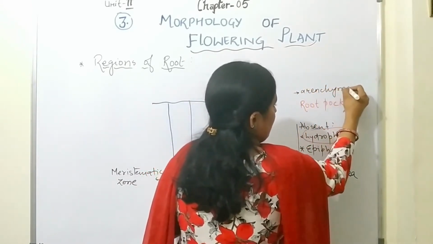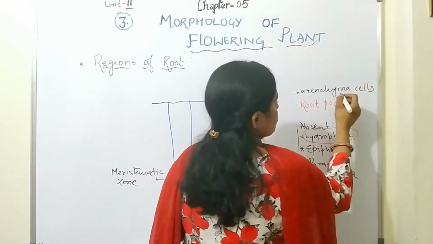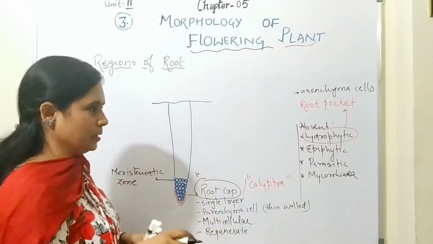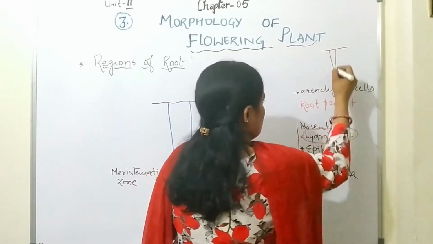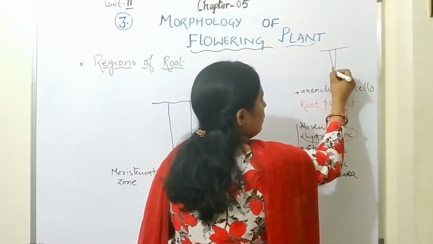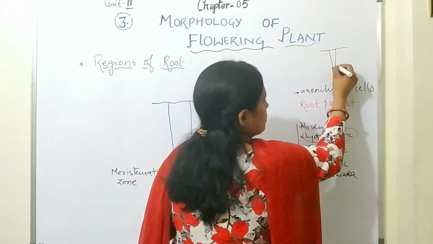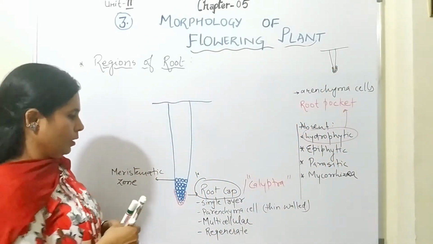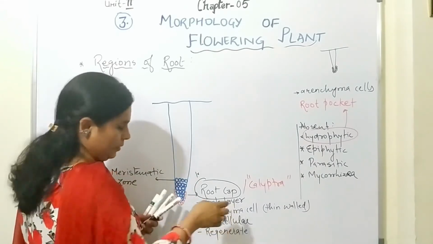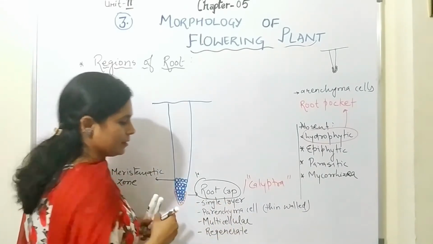Parenchyma cells. They are also a type of parenchyma cells. So there in aquatic plants, in their roots, you will see loosely arranged parenchyma cells. I told you it is a single layer, but again there is an exception.